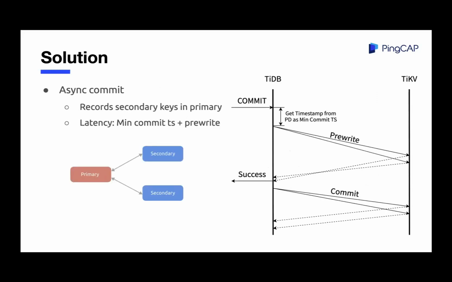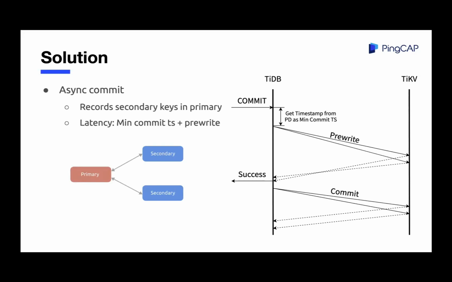Our solution is async commit. The trick is to record all the secondary keys inside the primary key. So whether the transaction succeeds or fails is checked by whether the primary key is prewritten successfully and the secondary keys in reference are also written successfully.